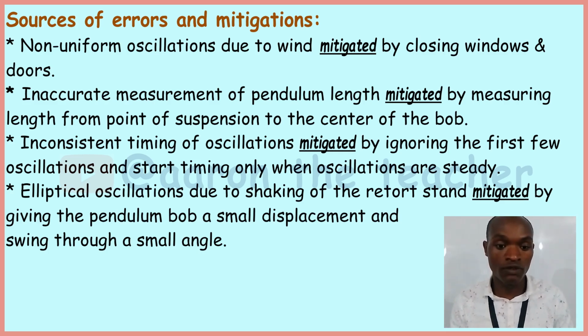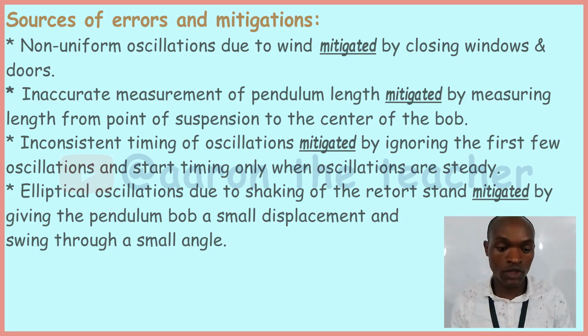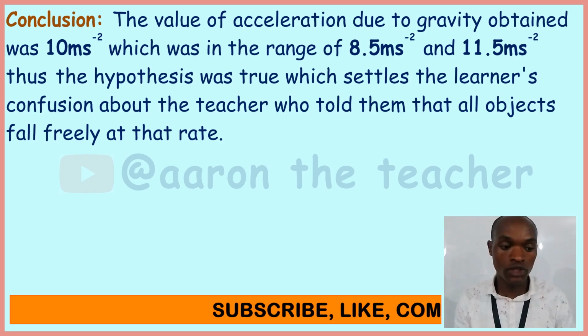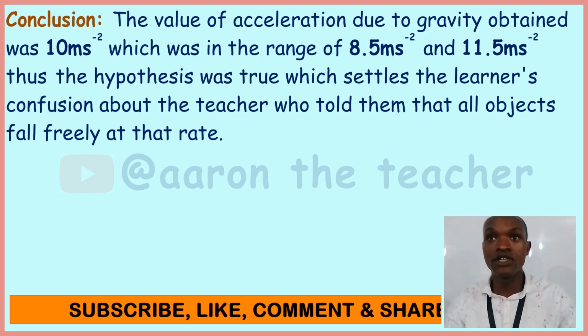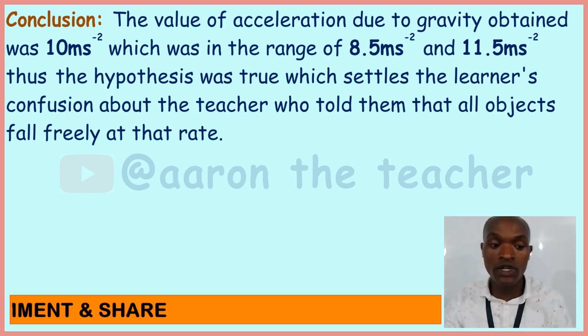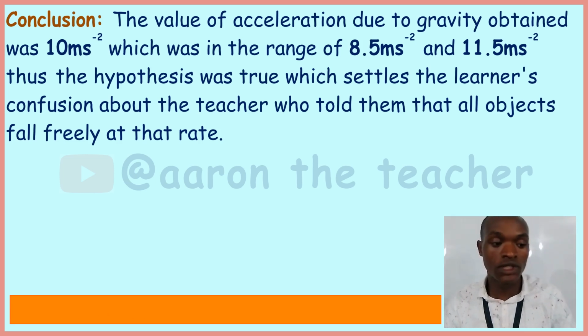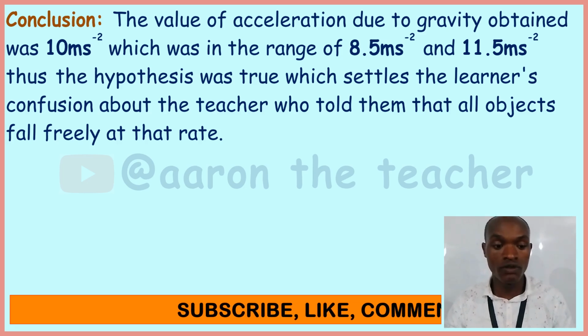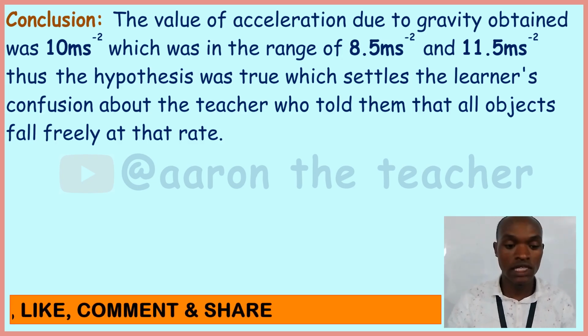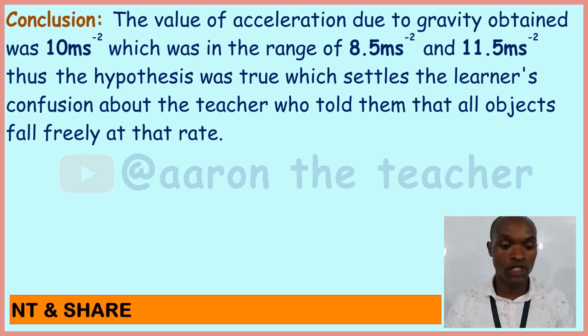Okay, then from that we now go to the conclusion. We've gotten our value as 10 meters per second squared, and therefore the conclusion is that the value of acceleration due to gravity obtained was 10 meters per second squared, which was in the range of 8.5 meters per second squared and 11.5 meters per second squared.